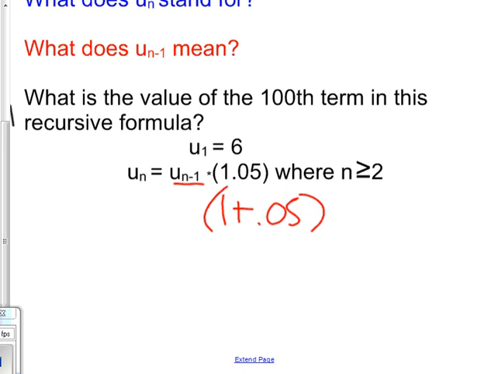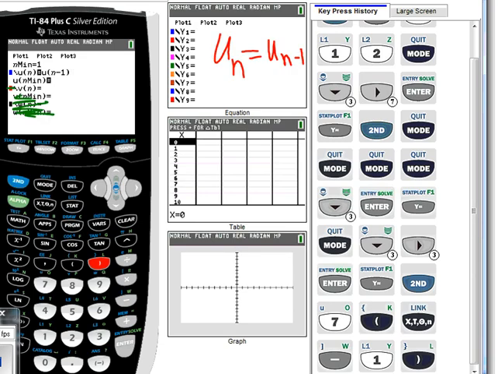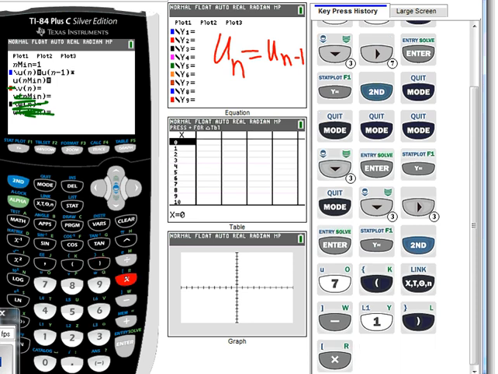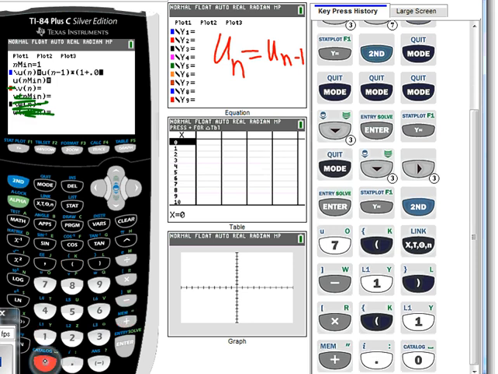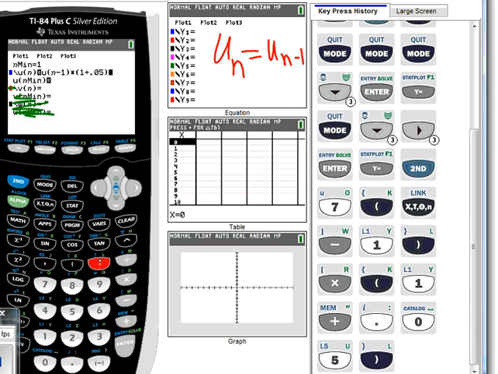Like I said, you don't have to put it in this type of form. I just think it's helpful for going down the road. So multiplied by 1 plus 0.05, close that parenthesis, and we've got our equation.